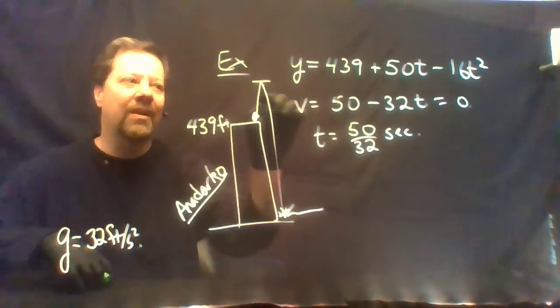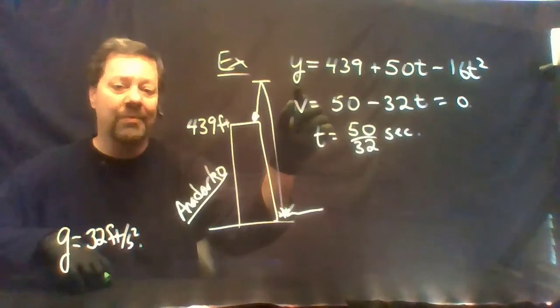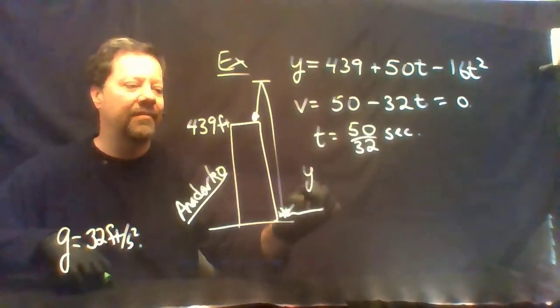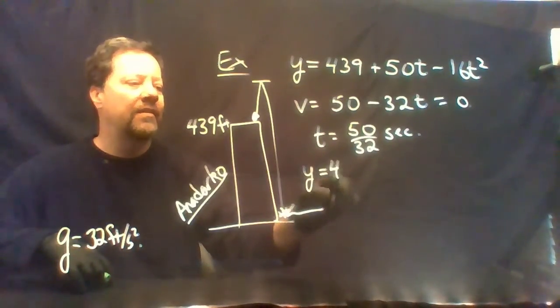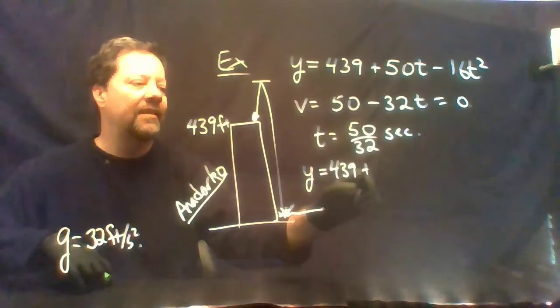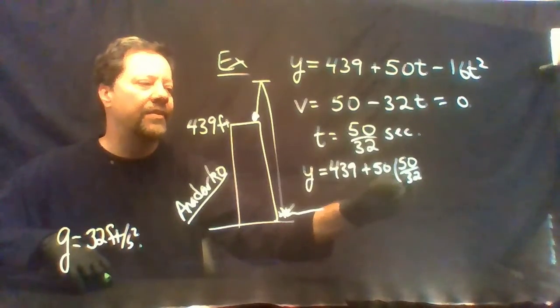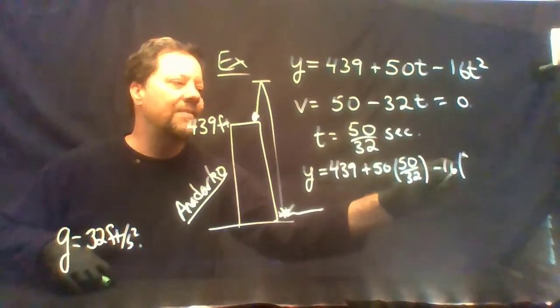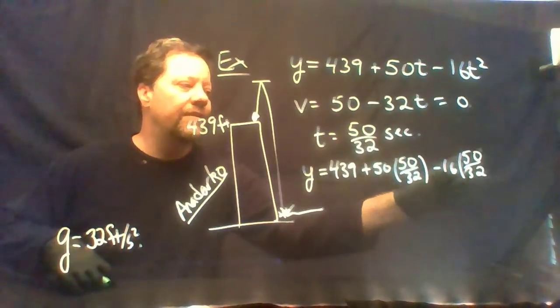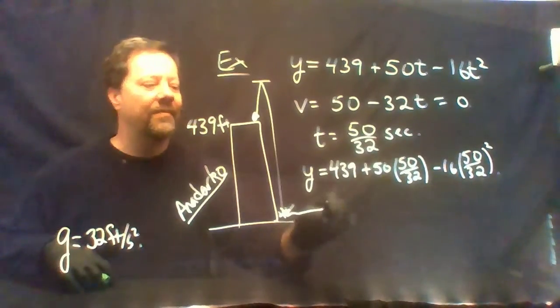How high was the rock at that point? Heights plop out of the original function. 439 plus 50 times 50 over 32 minus 16 times 50 over 32 squared.